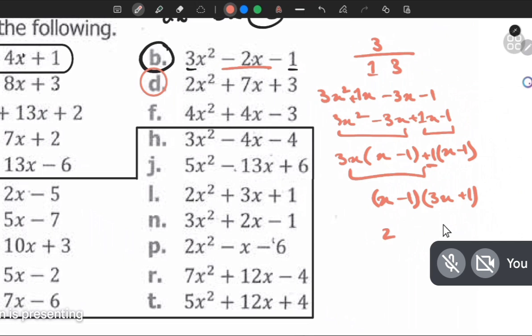So 2 and 3 is the A and C. So what are we going to do with these? We'll multiply them, right? Yes. So you get 6. Now you have 6 with you.